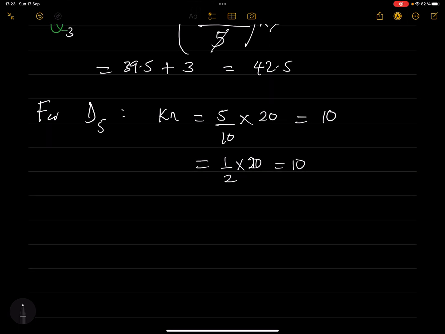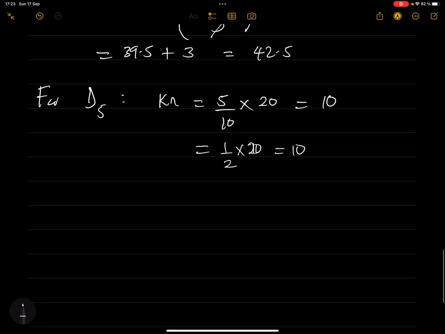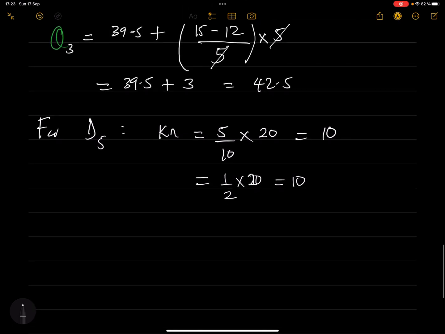For percentile, it's going to be the 50th percentile, P50, because 50 over 100 will give you half. So the 50th percentile, or P50, will give you the median of your data set. Even though we are calculating D5 now, we know we are invariably looking for the median for this data set.